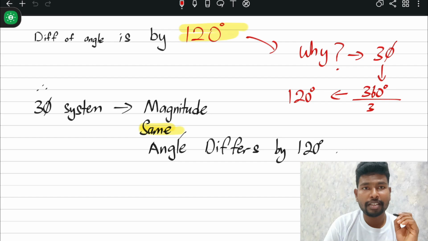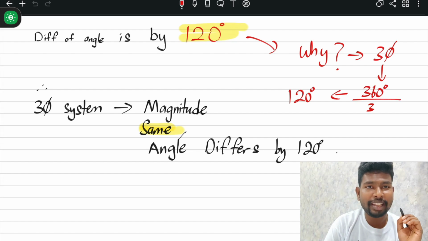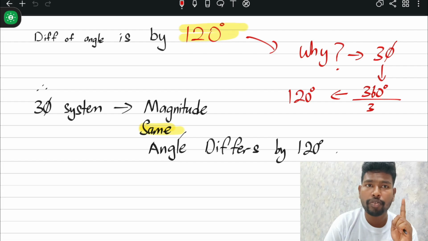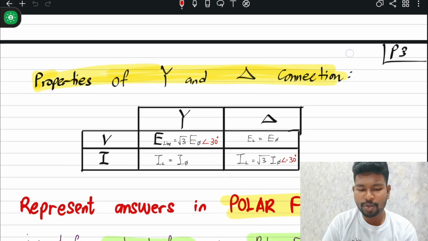In this case, for three-phase system, we have to equally divide the 360-degree angle by 3, which gives you 120. Therefore, we use 120 degree of rotation shifting for each phase, but bear in mind that the magnitude remains the same. Right? Let's go to the properties.